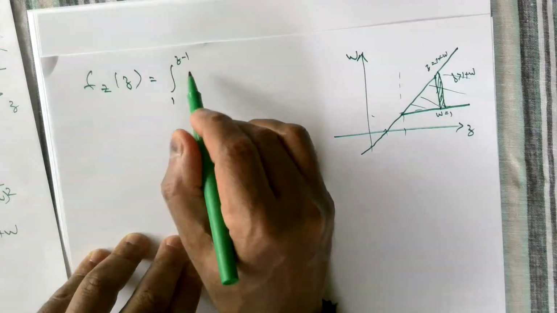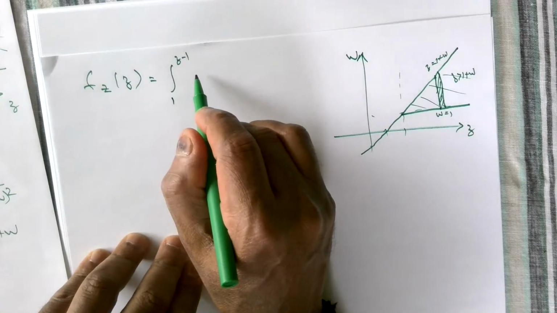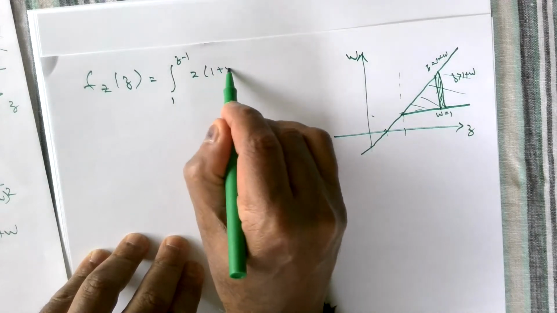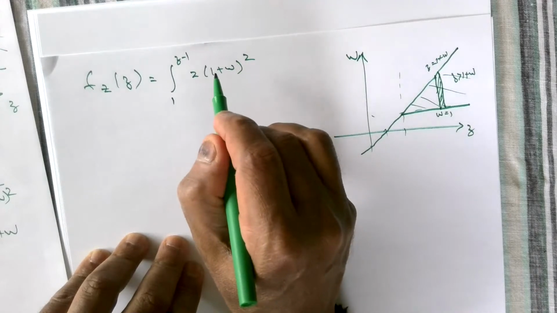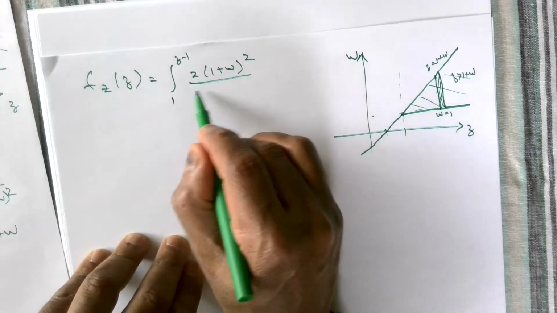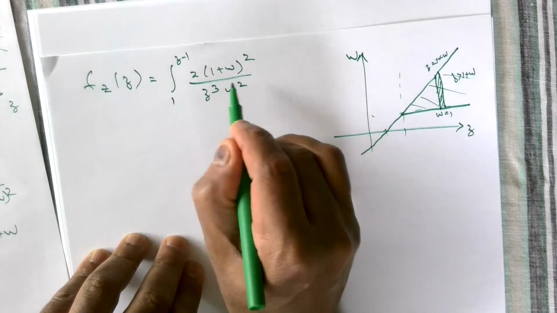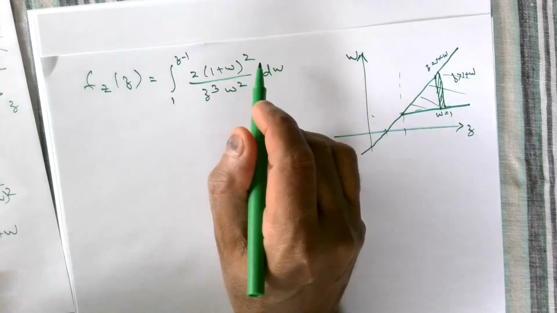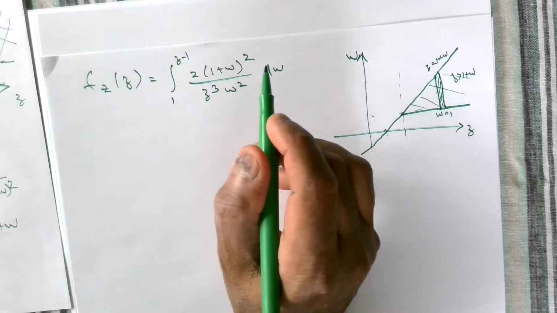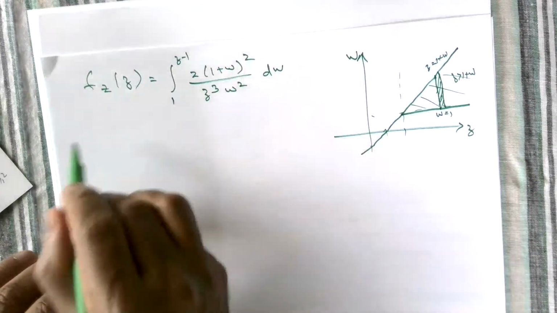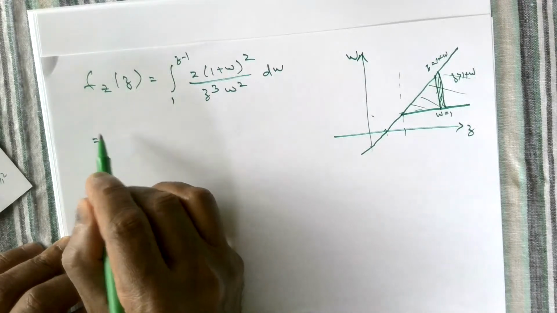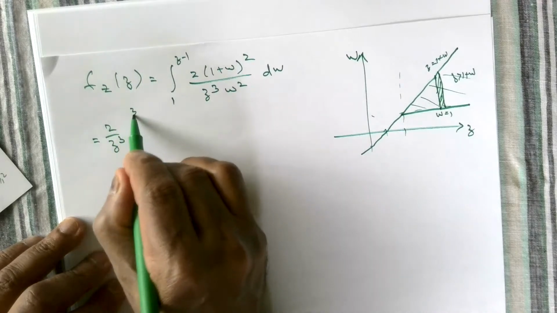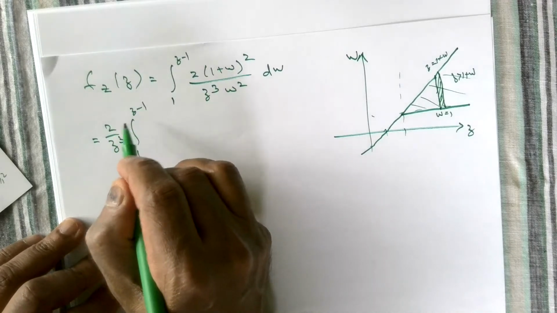And the joint density function, which was 2 multiplied by (1 plus W) the whole squared divided by Z cubed W squared dW. So I'm going to pull out all the z terms outside. So this will turn out to be 2 over z cubed. We just need to go through this. There's no other way.